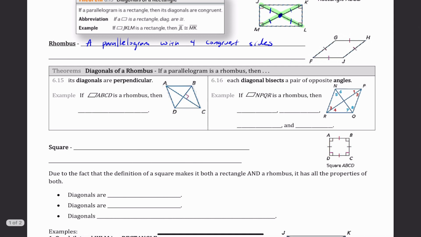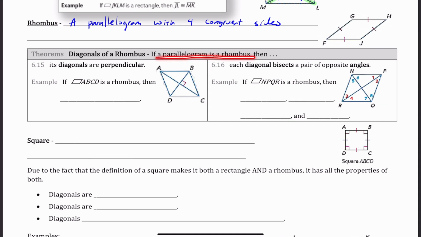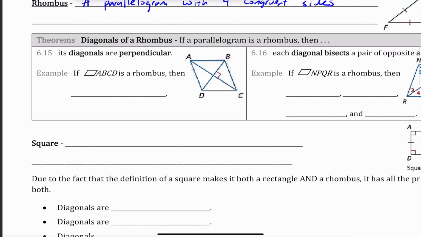Let's talk about the diagonals of a rhombus. If a parallelogram is a rhombus, then its diagonals are perpendicular to each other, okay? So suppose I have these diagonals, then that means they intersect at a 90-degree angle.